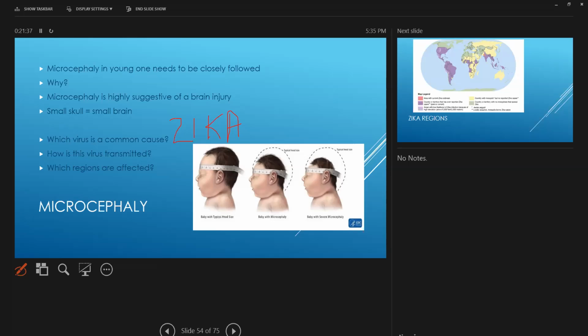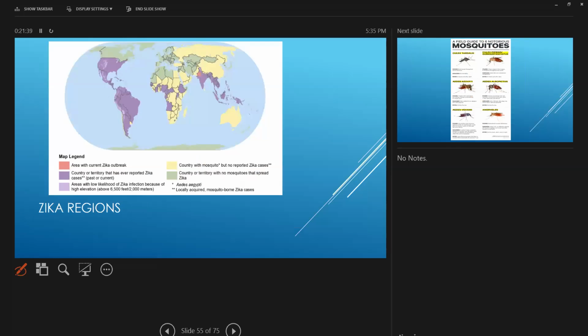So what regions are affected, we'll also look at that. So here's the 2020 map of anybody that's even reported a Zika case. So it's really spreading. Before 2020, it was really up to this kind of North America or United States and Mexico line here. But now we're even seeing it in the United States.